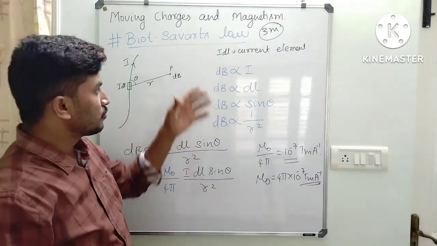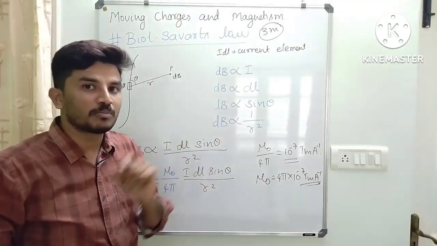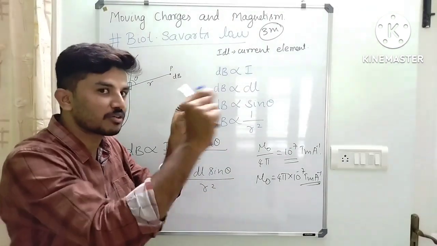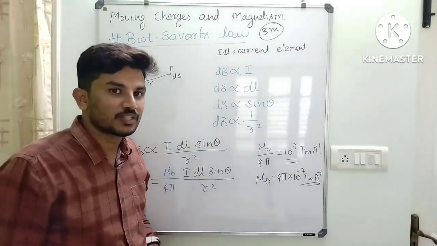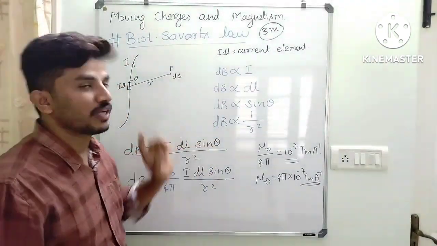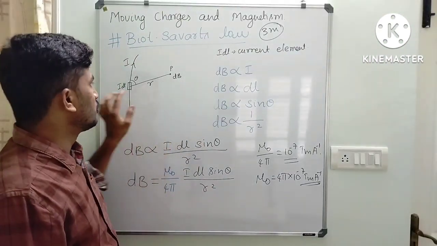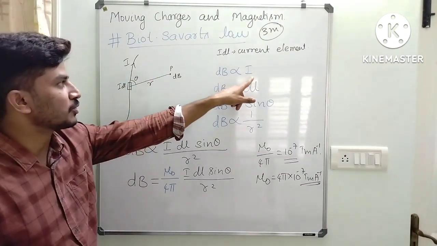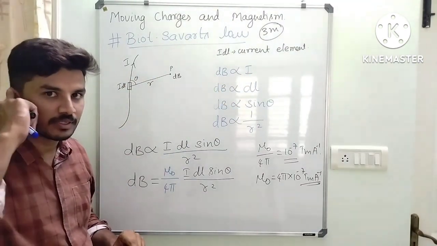Okay. So if they ask you state and explain Biot-Savart's law, you have to state, you have to draw the diagram. After that, you have to write it in sentence form. That is, the magnetic field produced due to current carrying conductor is directly proportional to current through the conductor.